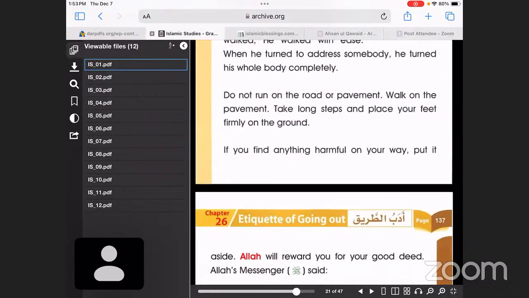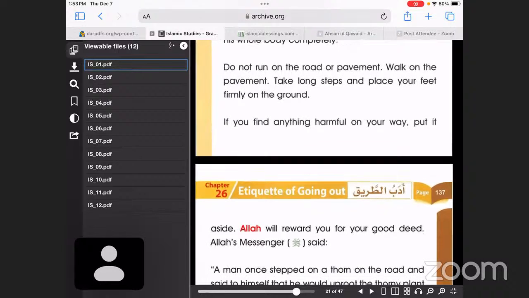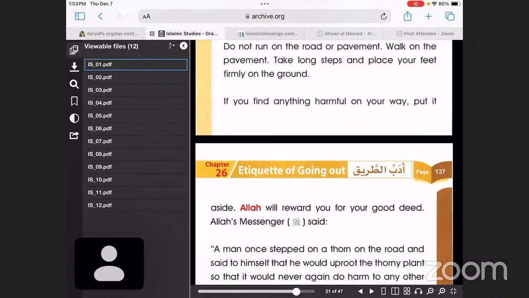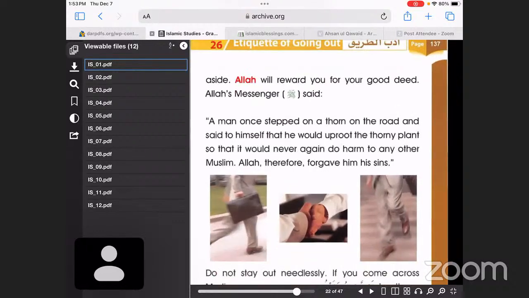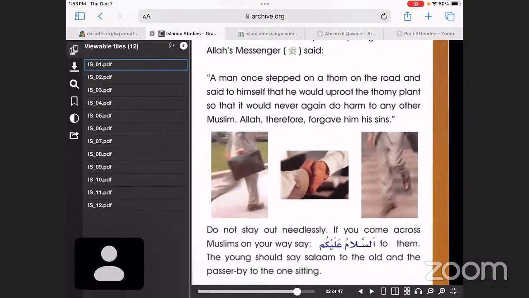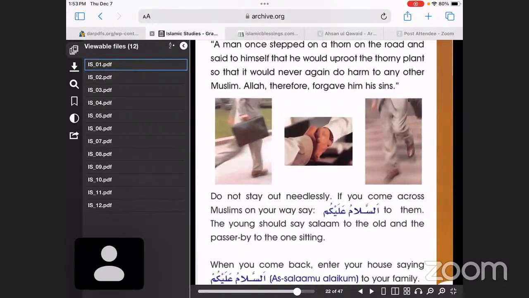Do not run on the road or pavement. Walk on the pavement, take long steps, and place your feet firmly on the ground. If you find anything harmful in your way, put it aside. Allah will reward you for your good deed. Allah's Messenger said, a man once stepped on a thorn on the road and said to himself that he would uproot the thorny plant so that it would never again do harm to any other Muslim.